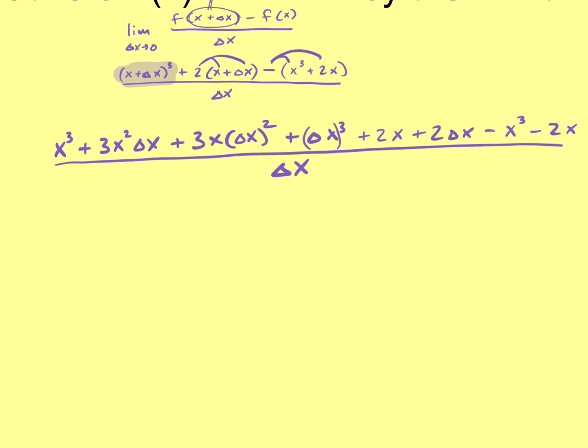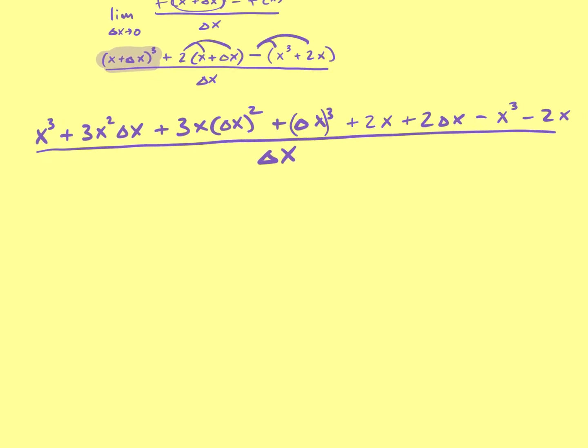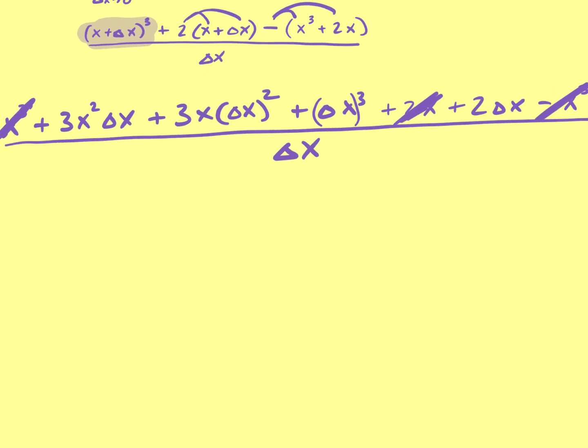All right, let's simplify. So if we did it right, everything that doesn't have a dx will cancel. So negative x cubed and positive x cubed cancel. 2x and negative 2x cancel. Since we have a dx on the bottom, we can divide out a dx from each term on top.